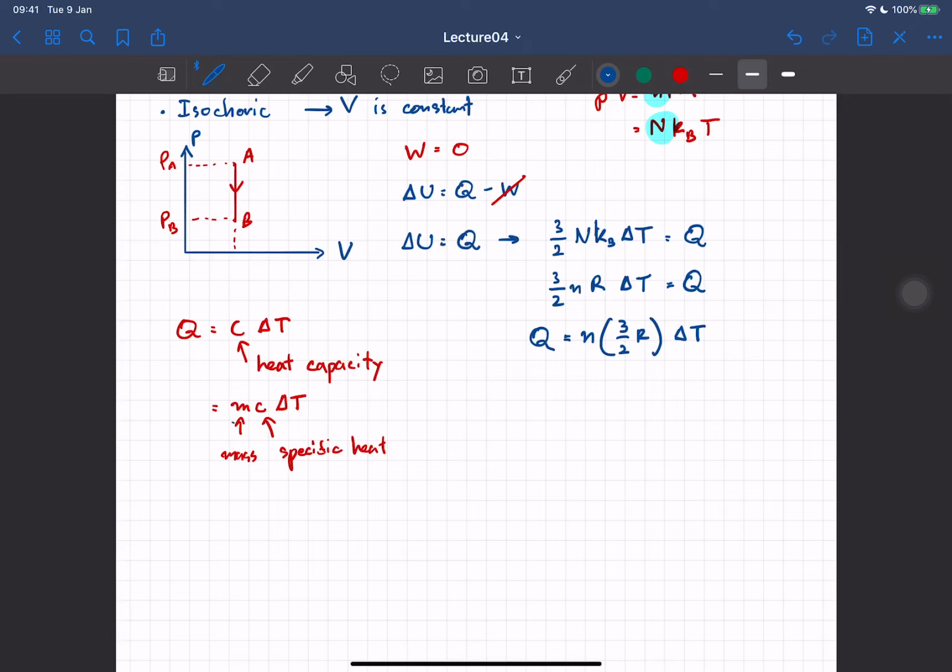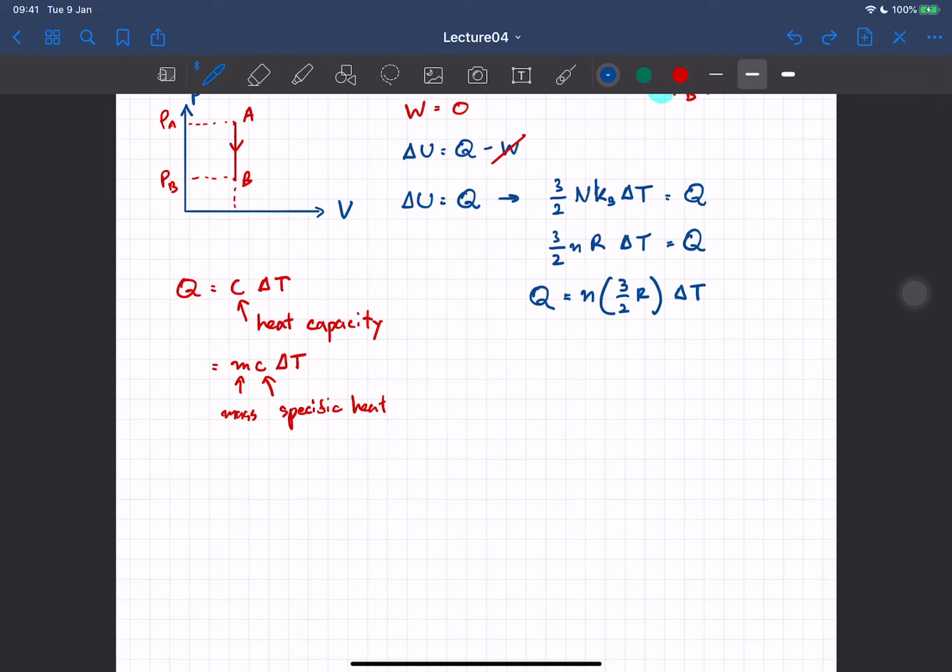So it's kind of the same as the lower formula here, where Q is the amount of heat flowing into the gas or flowing out from the gas, depending on how much gas you have, the number of moles, times some constant, times the change in the temperature, right?